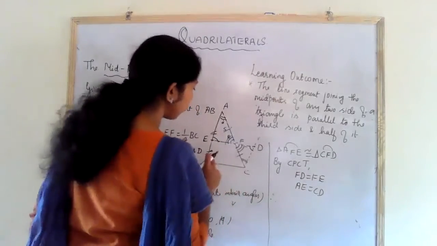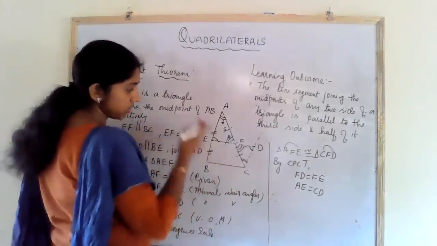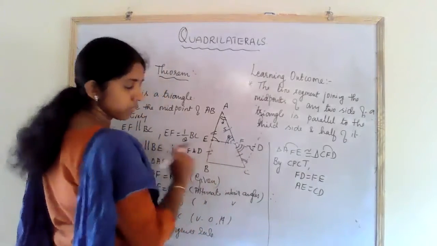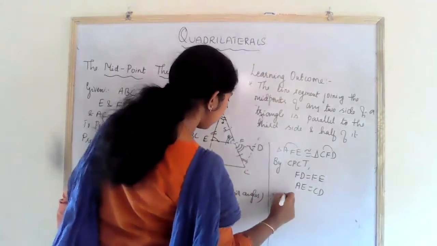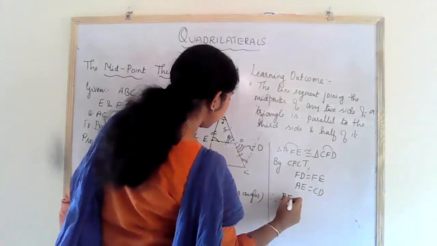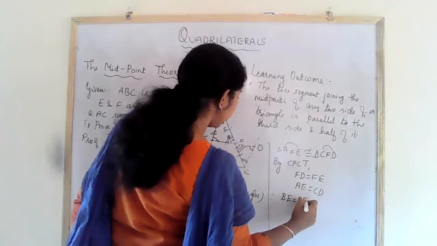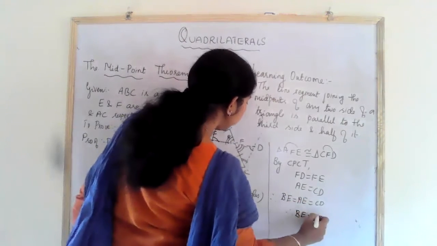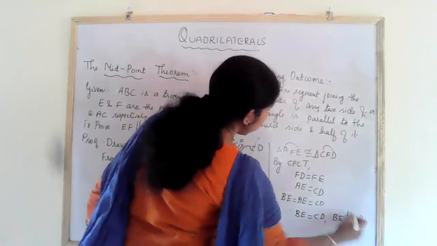Therefore, BE is equal to AE, which is equal to CD. So I can say BE is equal to CD, and BE is already given parallel to CD.